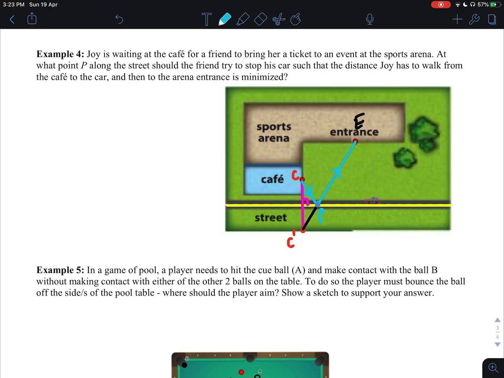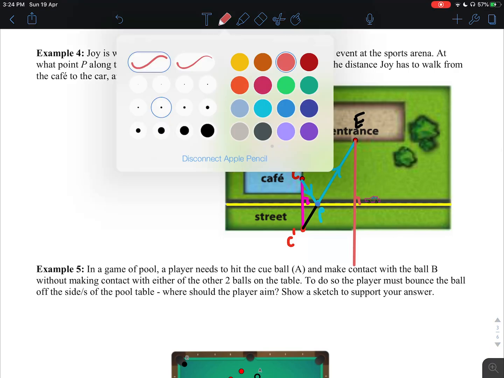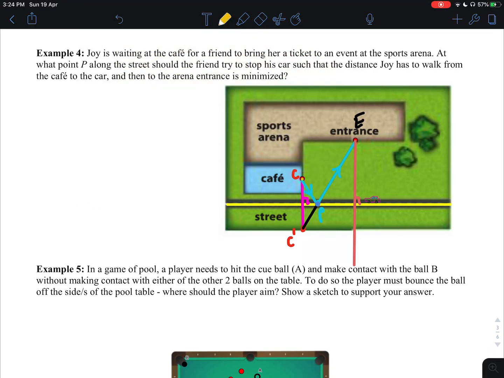Let me show you a couple of things quickly. If we had instead chosen to use point E and reflected that instead, I'm going to do that relatively quickly and try to get that as accurate as I can. And then I'm going to take that exact same line segment and extend that.